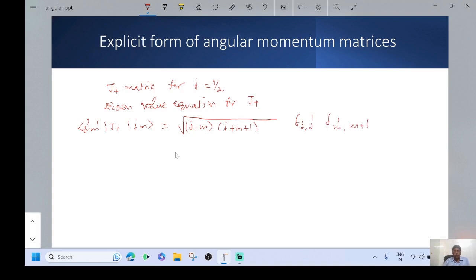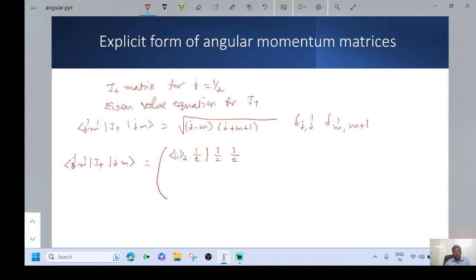Here, J dash M dash J plus Jm equal to, now write down the matrix. J dash equal to J, 1 by 2, M dash is 1 by 2. Then leave out this operator, the value of J is 1 by 2.